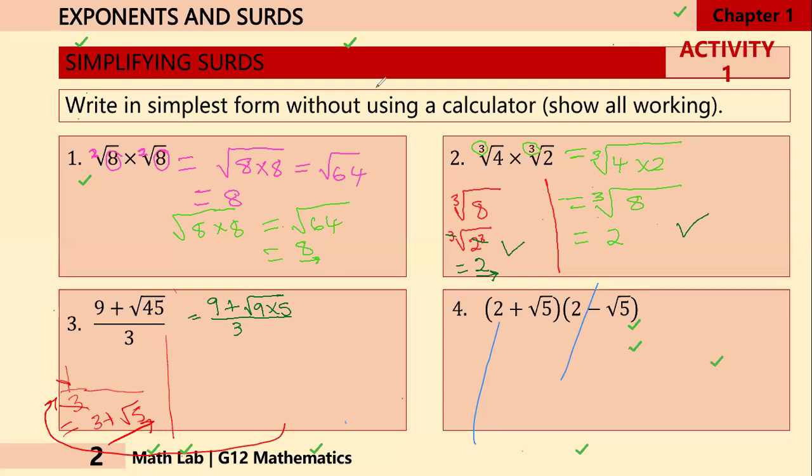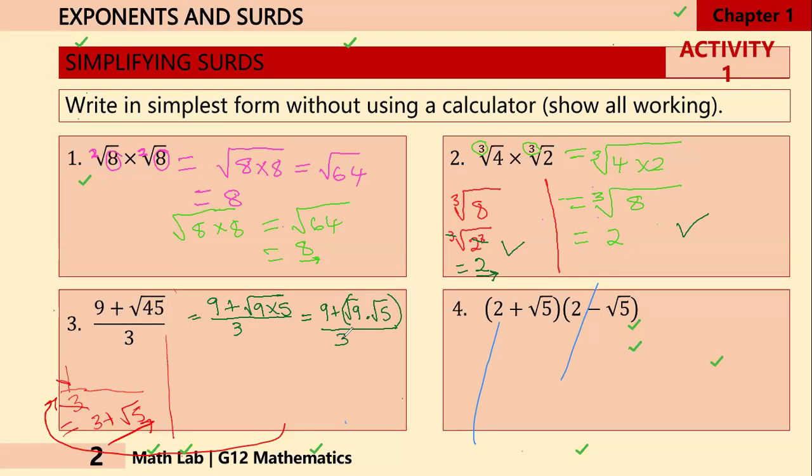Now we're going to separate the square root of 9 times 5. So it's going to be 9 plus the square root of 9 multiplied by the square root of 5. Let me put this in brackets, all divided by 3.